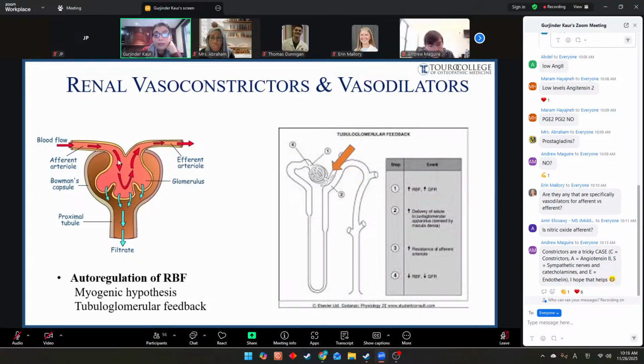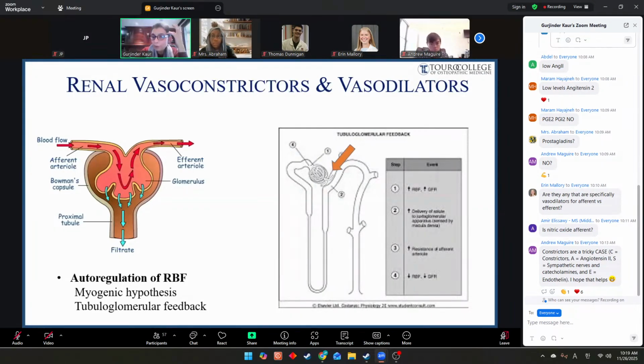Otherwise, you're going to bring damage to the renal vessels, right? If you don't control that blood pressure or blood flow accordingly, there will be damage here. And that's what usually happens if someone is hypertensive without treatment for a very long time, they eventually bring damage to the kidneys, right? So that would be stage 1, 2, 3, and that's how it follows.